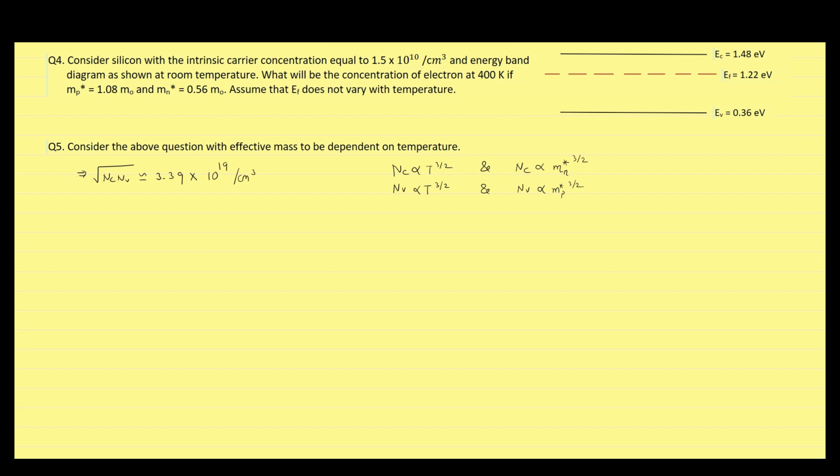And as per the Heisel relation, the effective mass of electron at 400 Kelvin will be equal to the effective mass of electron at 300 Kelvin multiplied by band gap energy at 300 Kelvin divided by band gap energy at 400 Kelvin, raised to the power 4 by 3. A similar expression can be written for the effective mass of hole.